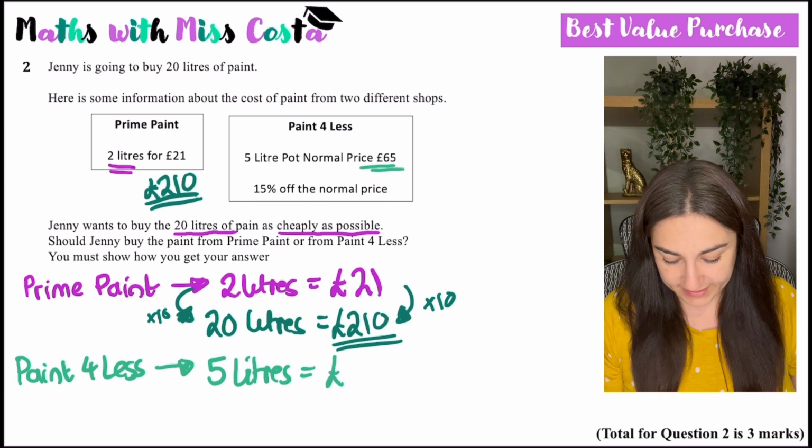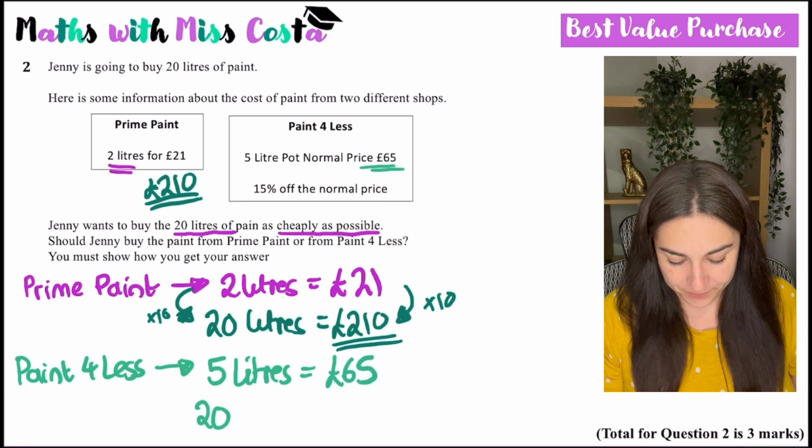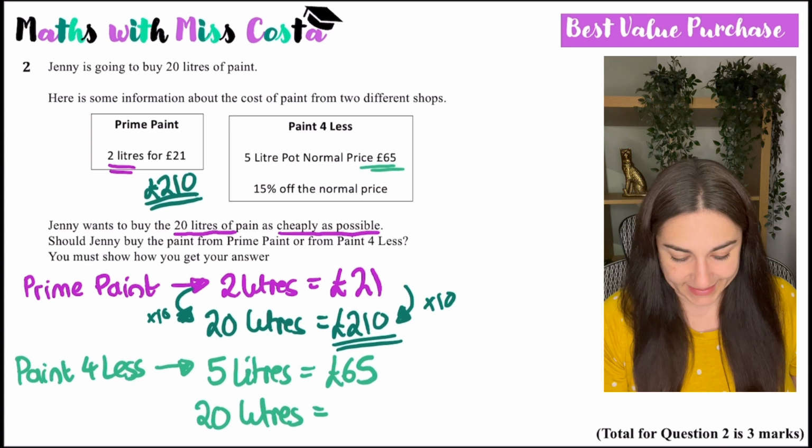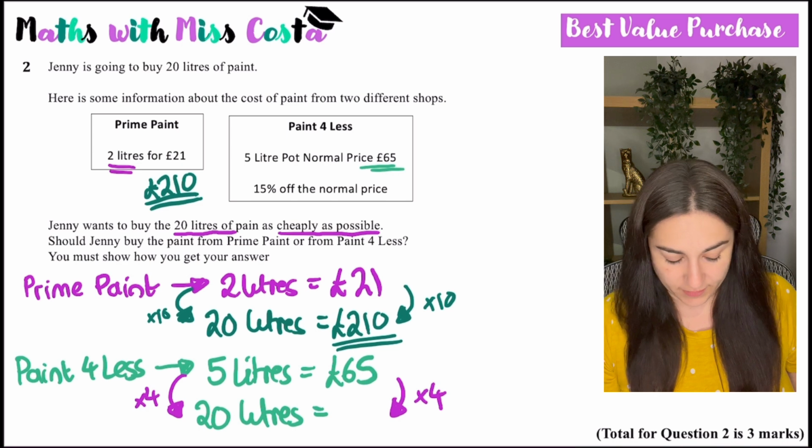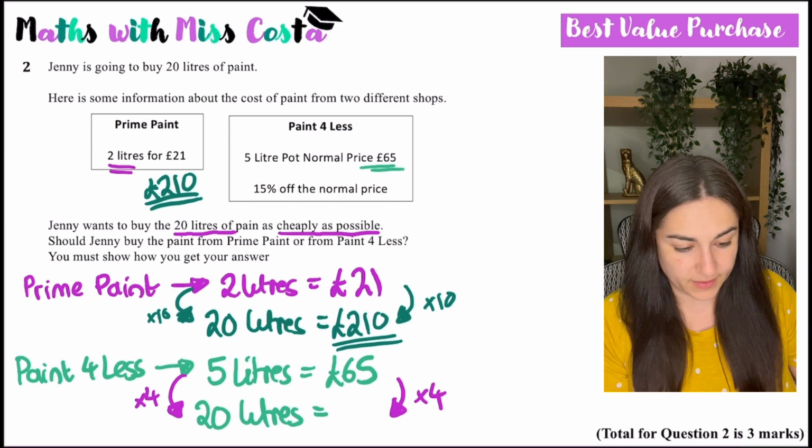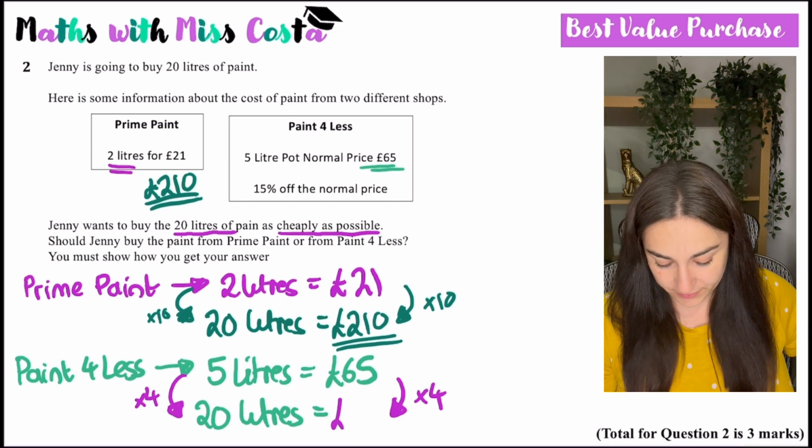So no 5 litres is normally £65, and I want to figure out how much 20 litres is. So what do I do? Well, to get from 5 to 20, I multiply by 4, so I have to do the same over here. And 65 times by 4 gives me 260.